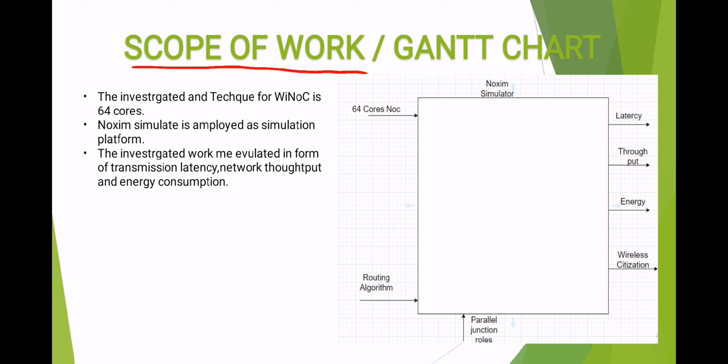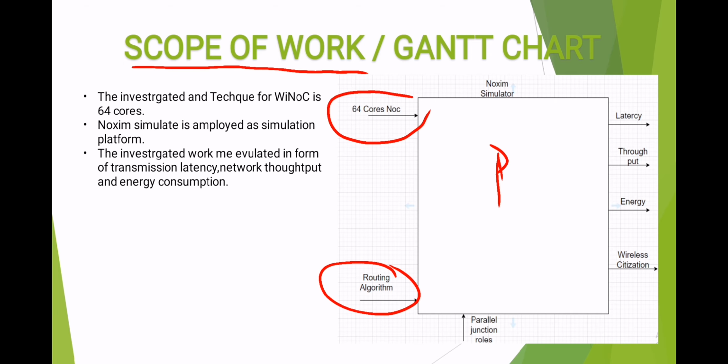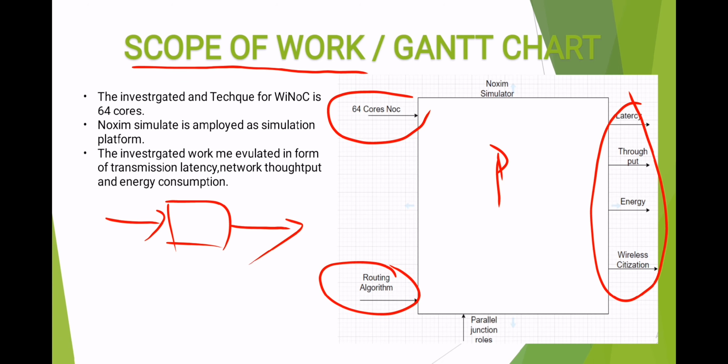This figure shows the scope of work. They will be applied for the objectives in this figure. This one is for the processor, and this one is for the input and the output. The input is applied to the processor to get the output.